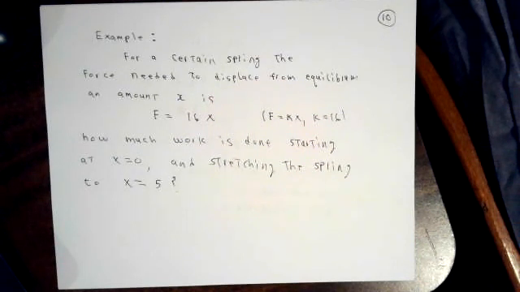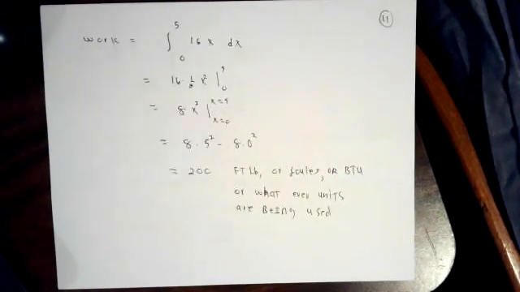Based on what we said already, this is almost an insult to your intelligence. We are supposed to integrate the force as a function of x from the starting x value to the ending x value, and this turns out to be perfectly straightforward to do. The answer comes out to be 200 foot-pounds, or if you were using metric units, joules, or if you're using air conditioning units, British thermal units, or whatever your units happen to be. That's not going to be a big issue for us.